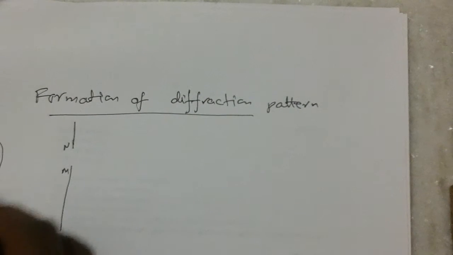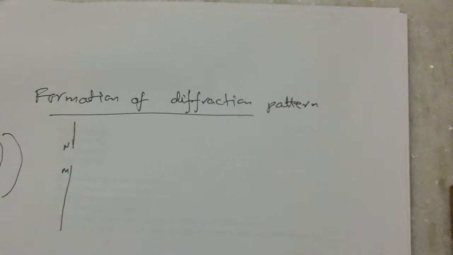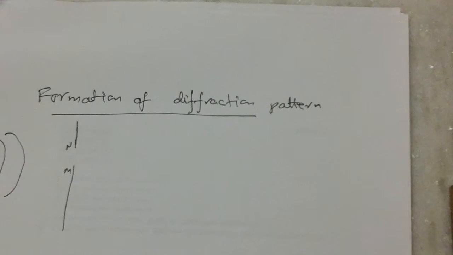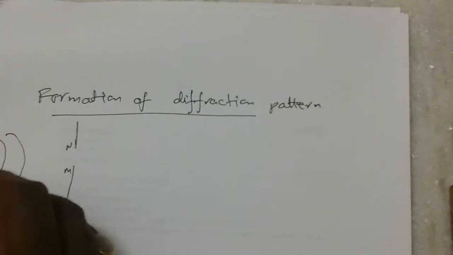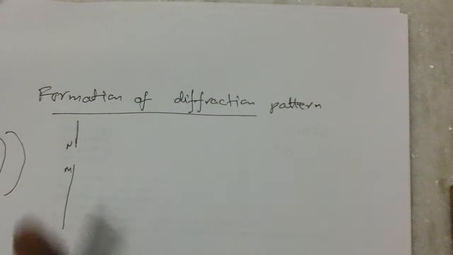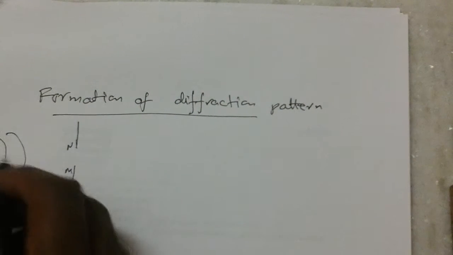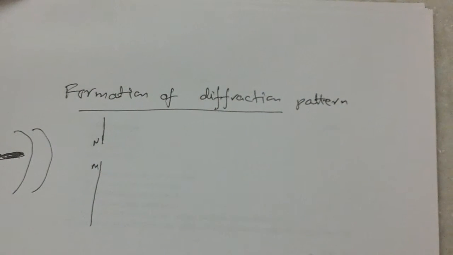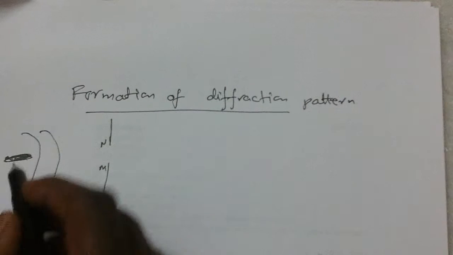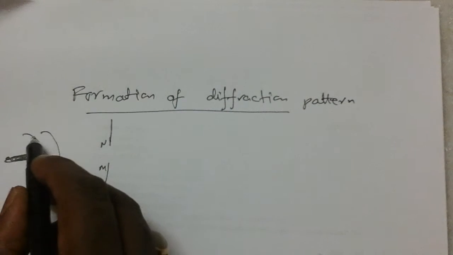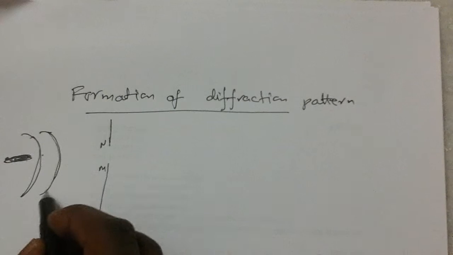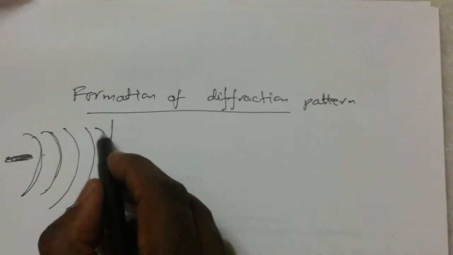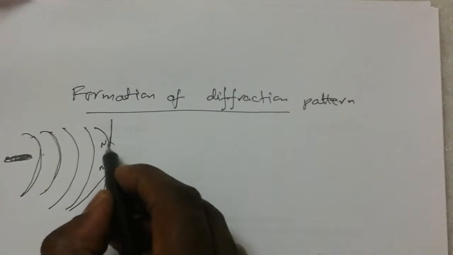The light ray is coming like this from the source, as spherical wavefronts or cylindrical wavefronts. These wavefronts are falling on the slit here.